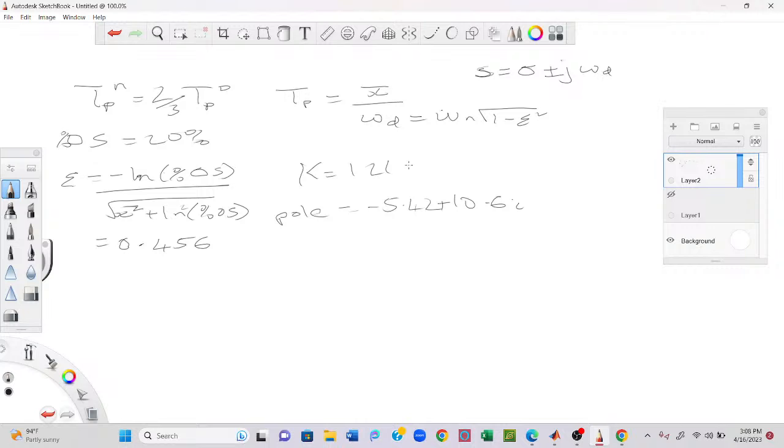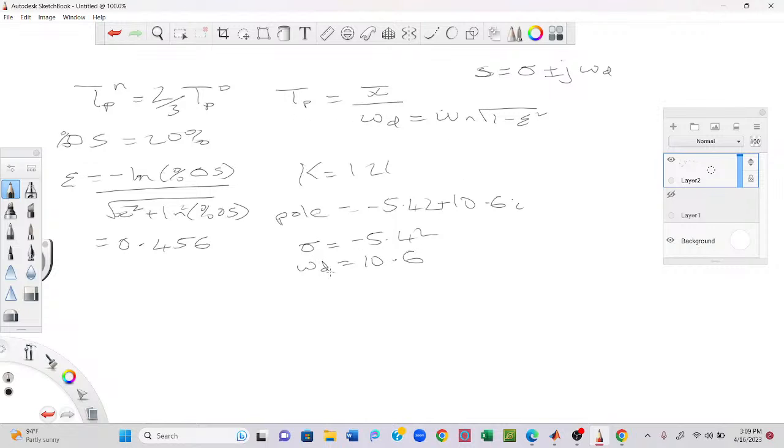So comparing this gives you your sigma, which is equal to negative 5.42, and your omega d will be equal to 10.6. So now you know your omega d.